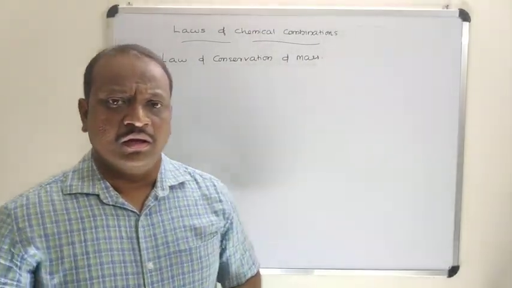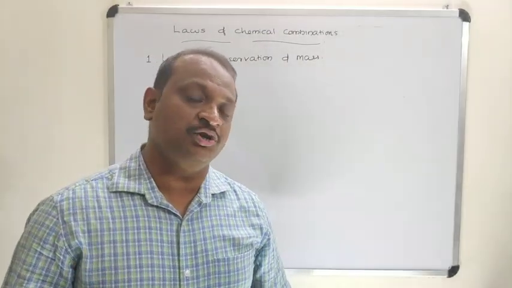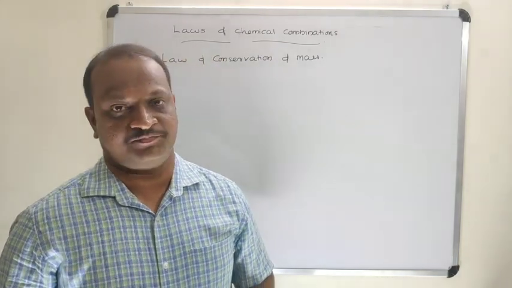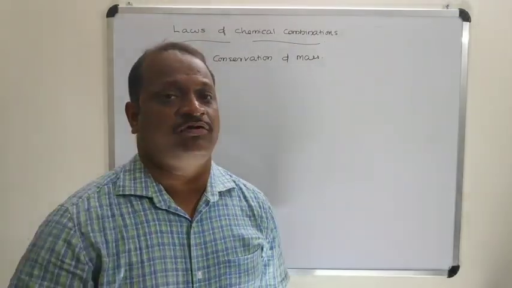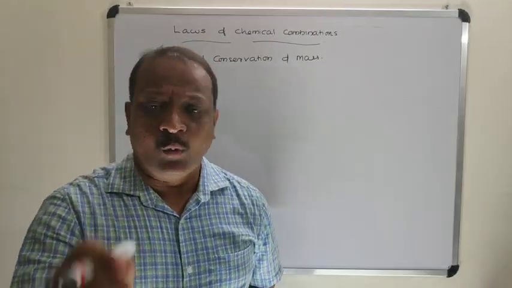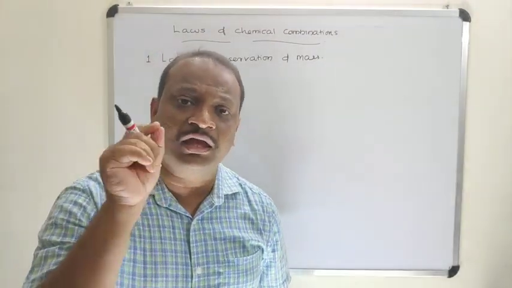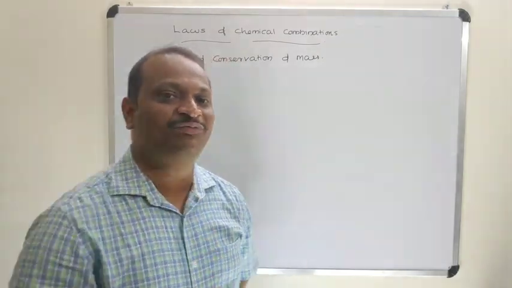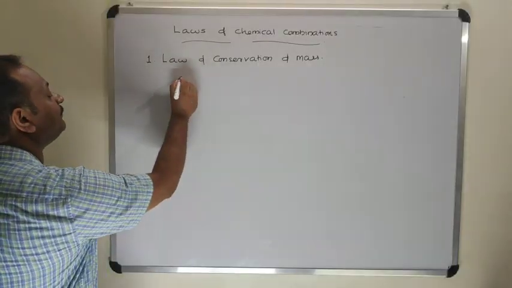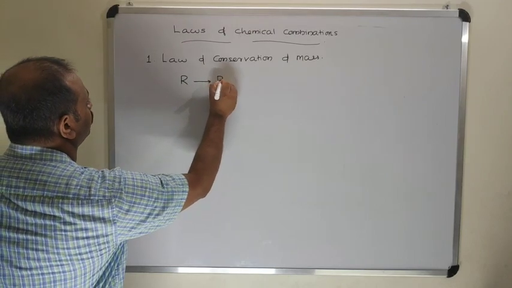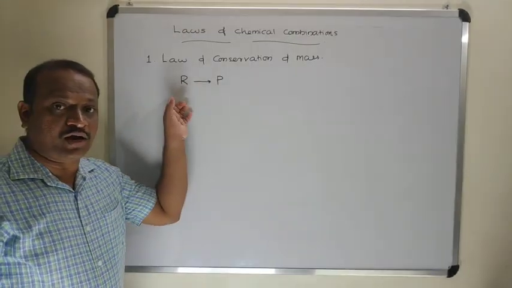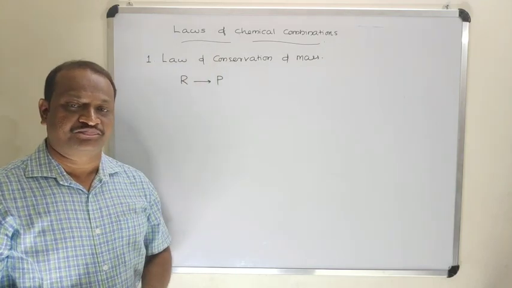See, you might have heard about law of conservation of energy in lower classes. You know, energy cannot be created nor be destroyed. Similarly, whenever we are considering a chemical reaction, let me write one chemical reaction. R gives P. You know, R for reactant and P for product.